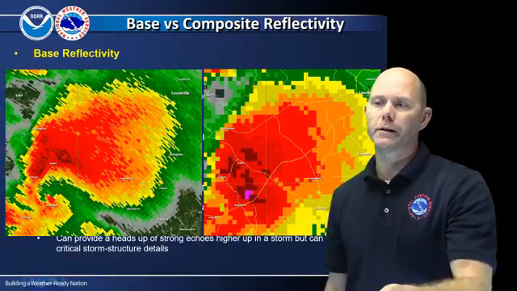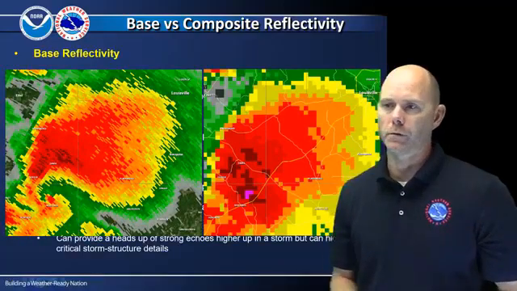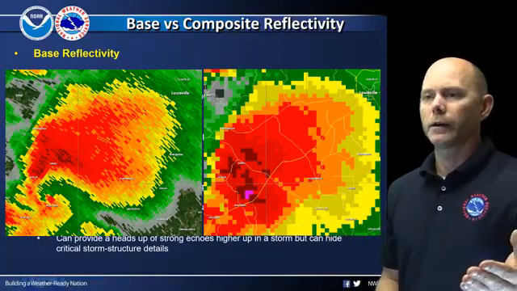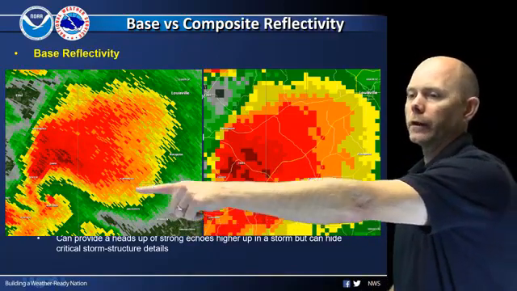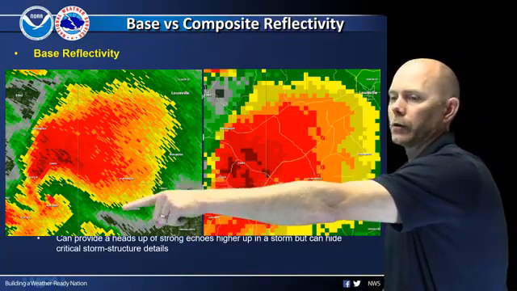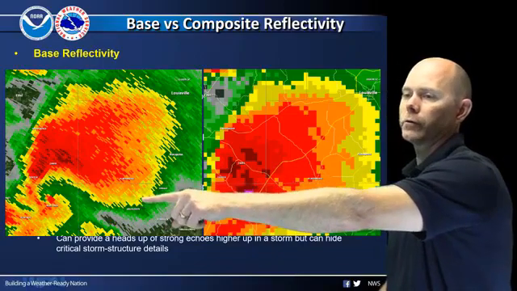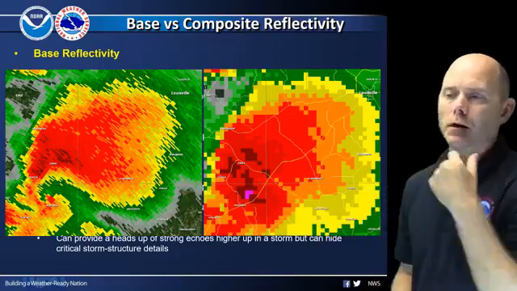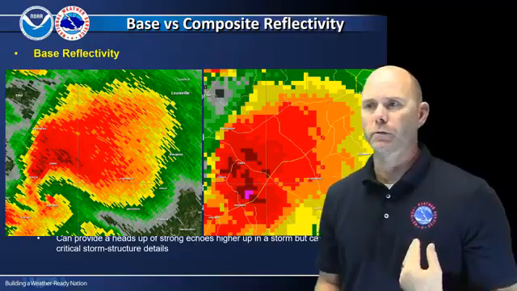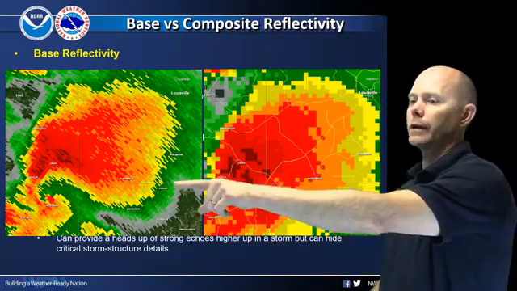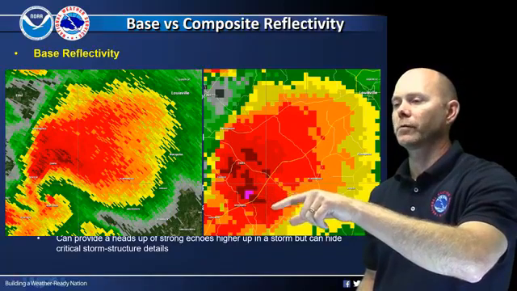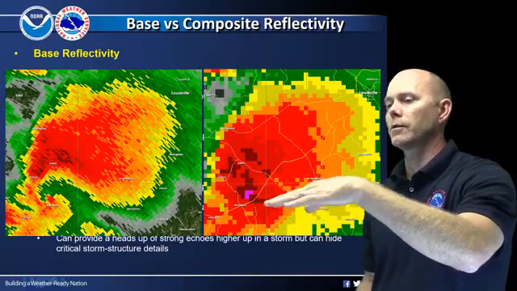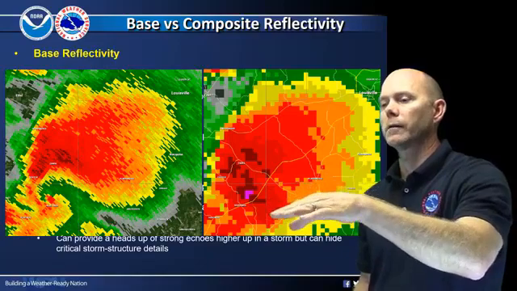So this is an idea of the difference between base and composite reflectivity. On the left is what a supercell thunderstorm would look like, a typical hook echo in a supercell thunderstorm, using base reflectivity. It's very good about showing us the shape and the structure of a storm, but if we were to look at it in a composite reflectivity sense, we would be sampling all these higher returns that are above the really good structure.